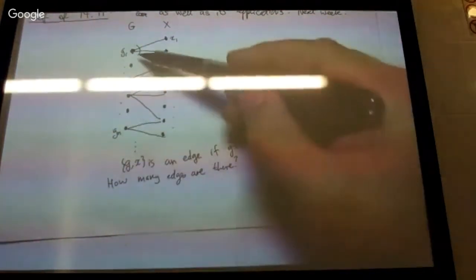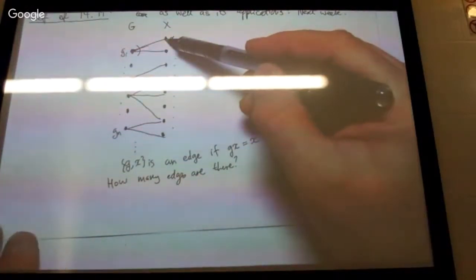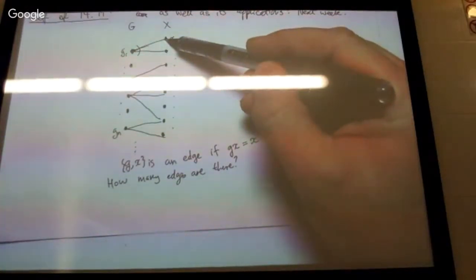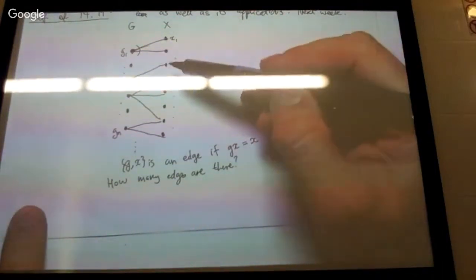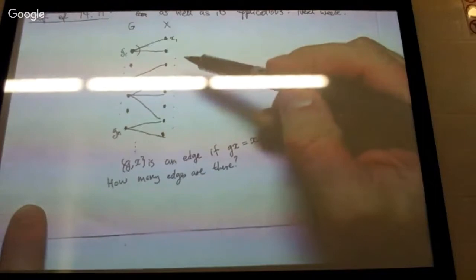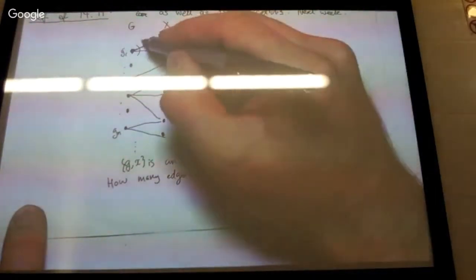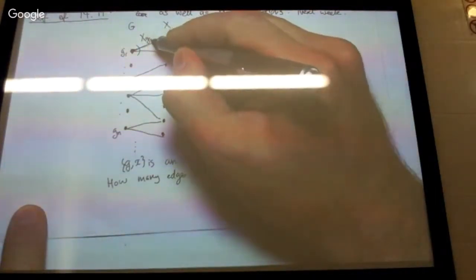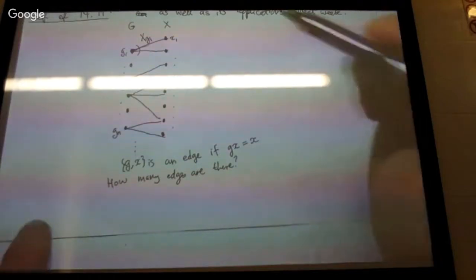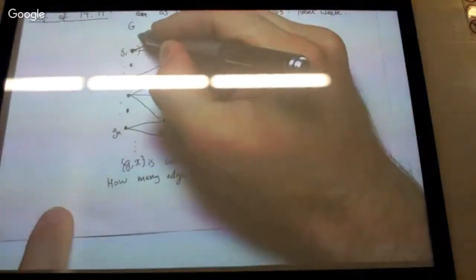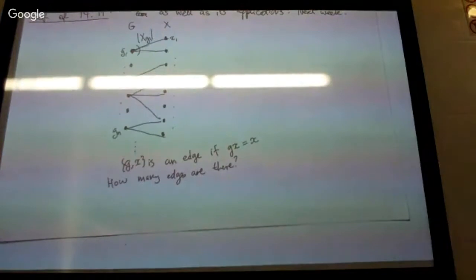G is connected to x if and only if g moves x to x. So it doesn't move it. So to how many points is it connected? Well, it's connected to as many points as it fixes. So what it's connected to is the fixed point set of this G1. Do you agree? So the number of edges coming out of G1 is the size of the fixed point set.